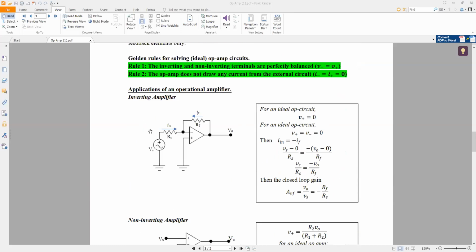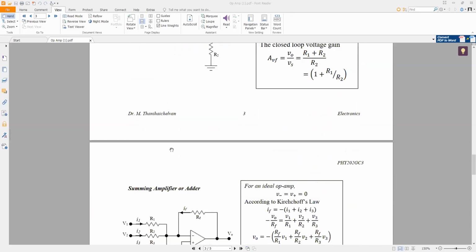Okay, now go to the next circuit. We have seen the inverting and non-inverting amplifiers.